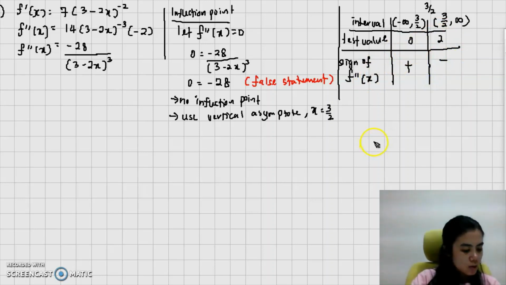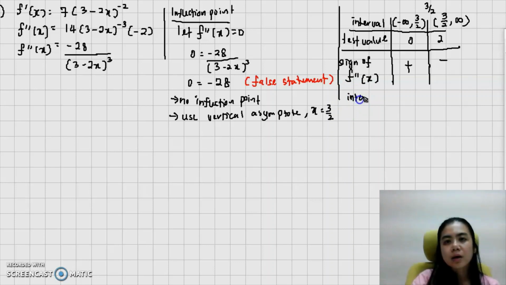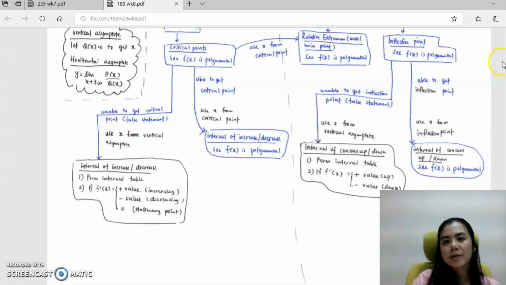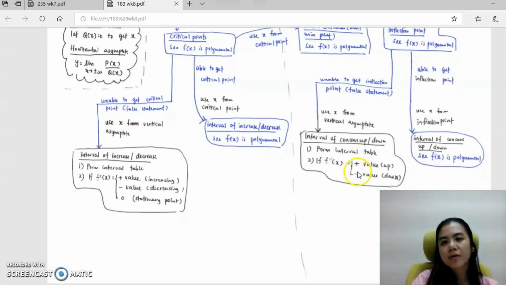Then we can write out the conclusion for the interval that is concave up. We do the same thing: a positive value means concave up, and a negative value means concave down.